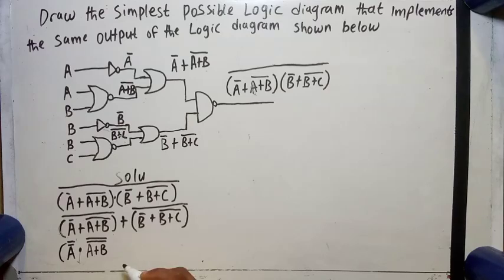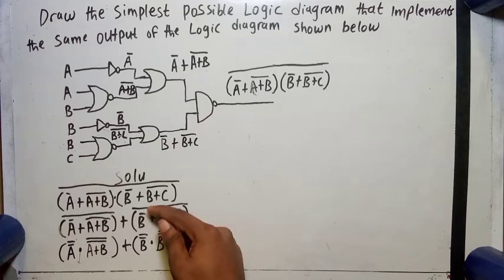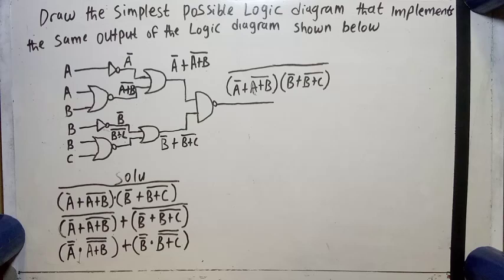Now, moving over to the next one, the same thing will also occur here. B bar bar times B plus C bar bar. For us to split the complements of the bar, our sign will change.